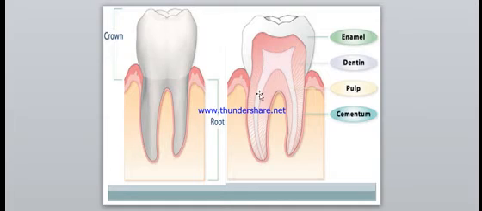This is the pulp, down to the root, and this is cementum, only in the root. This is cementum, which anchors the root of the tooth to the bone, the mandibular or maxillary bone, the alveolar bone.